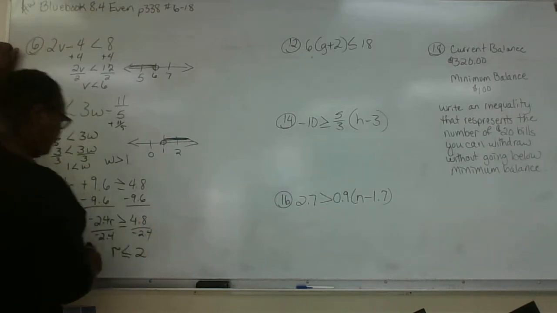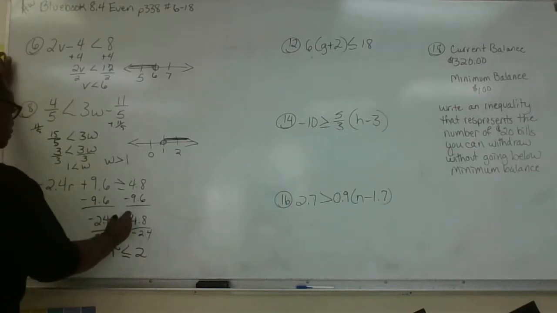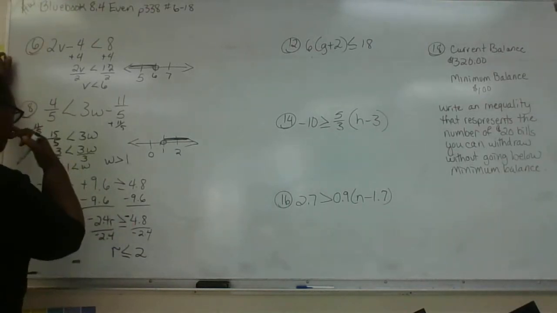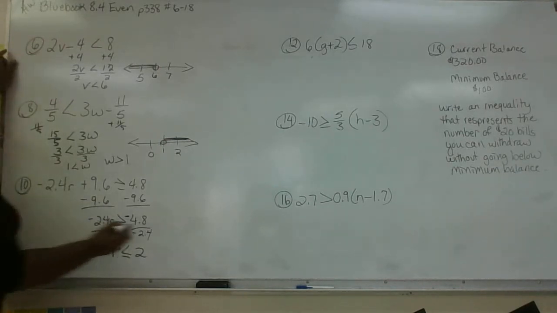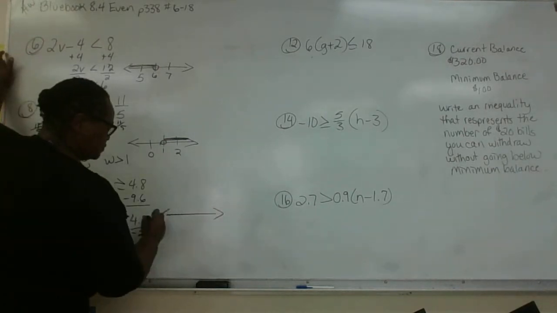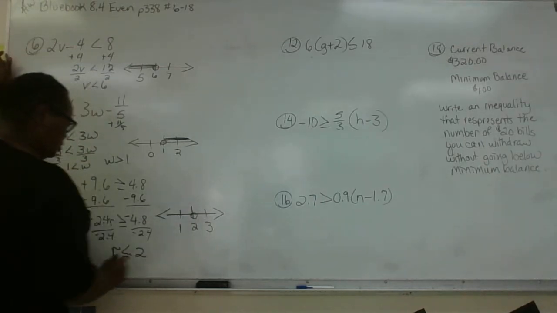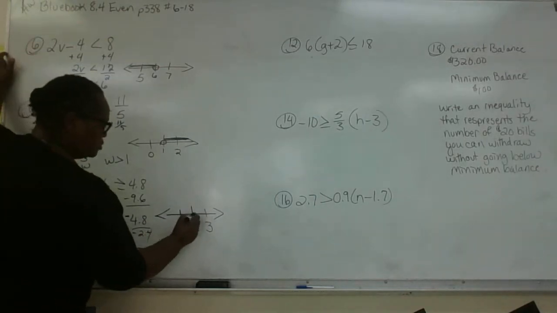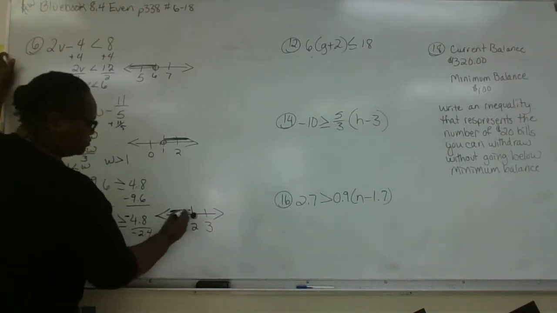Therefore, we graph. Okay, it's going to be 2, and this should have been negative, okay, because of the difference here. So it's going to be a positive 2. So then when we graph, we have a 2 here. It includes 2, and we want all integers that are less than 2.